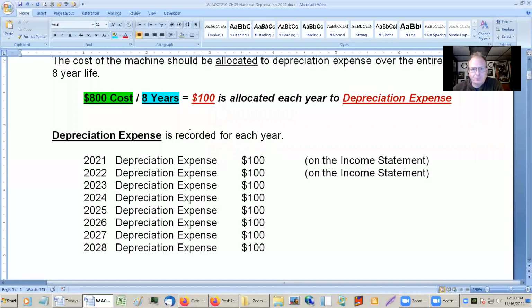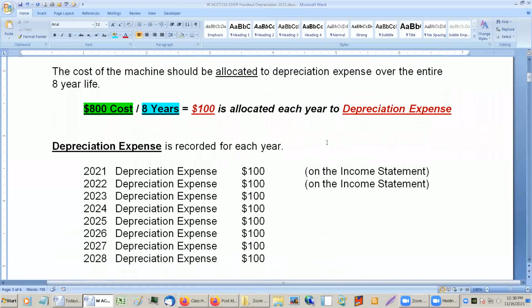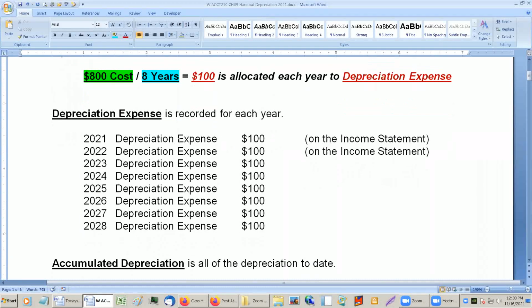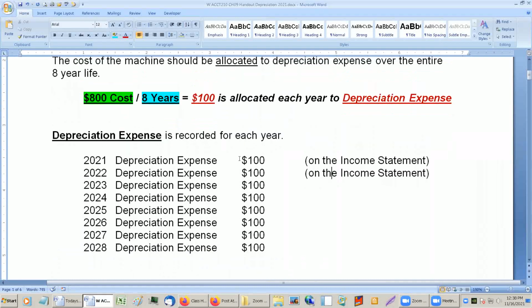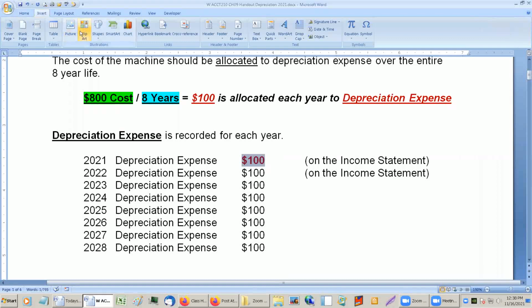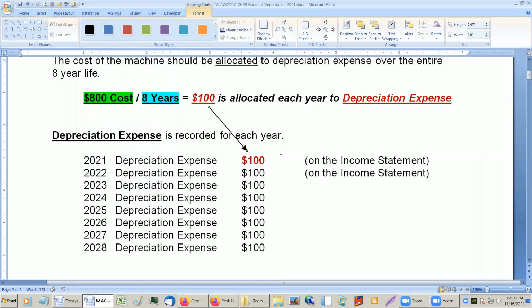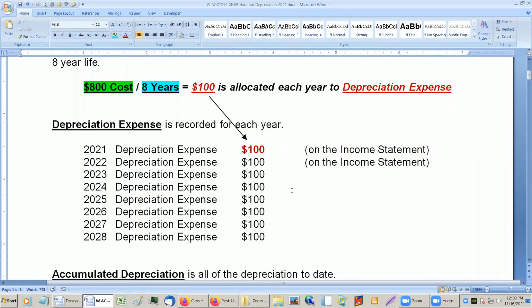And again, you don't expense it all in the year you buy it. Okay. So this would be the expense for each year. This $100. So every single year you're depreciated by that.